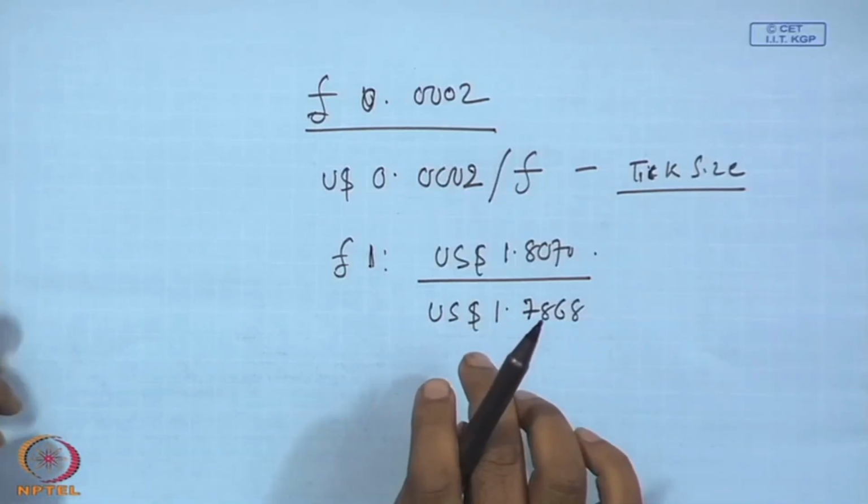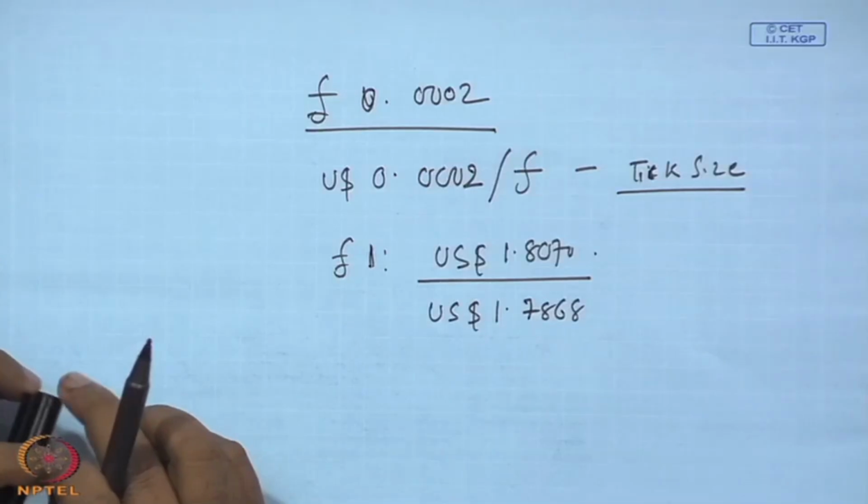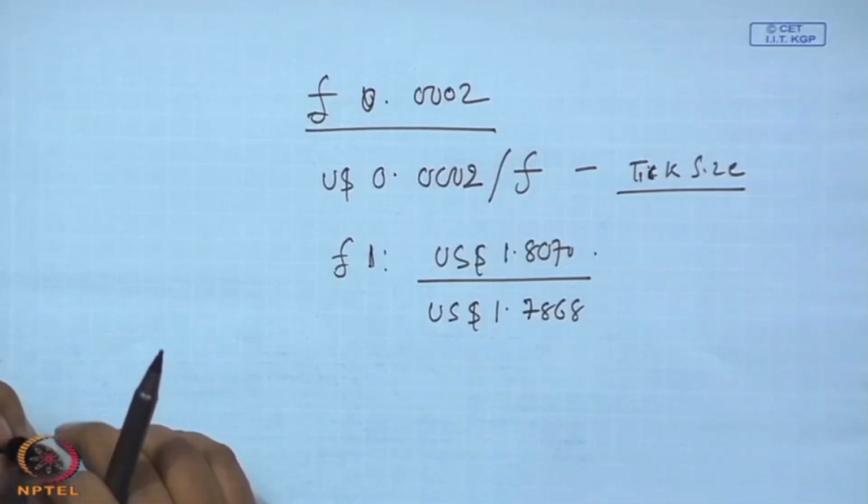Then what will be the variation in the future contract value in case of pound sterling?